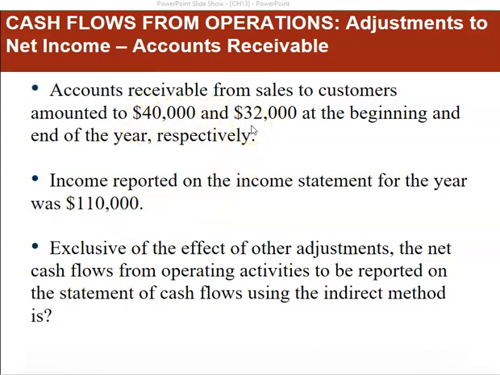So that means that overall, considering all of our cash received, there's about $8,000 in cash that is not reflected in net income because we did a really good job of collecting cash from sales made on credit from the prior year.